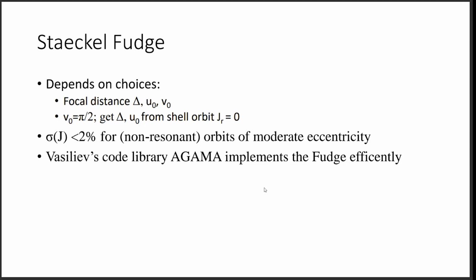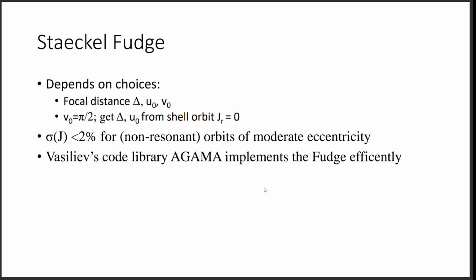I have the focal distance delta of the coordinate system. I have the numbers u naught and v naught, which are used in defining delta u and delta v. It's pretty obvious that v naught should be put equal to pi upon 2, which is a point with z equals naught.